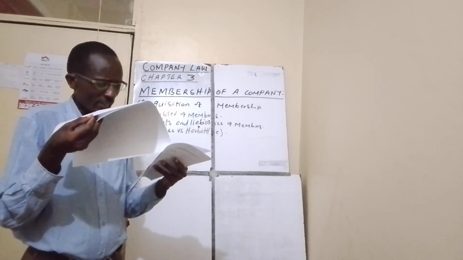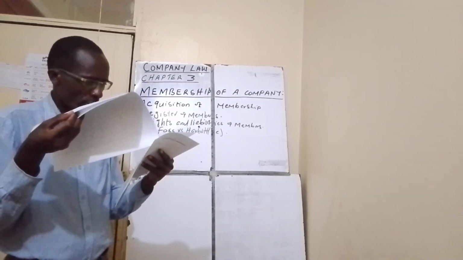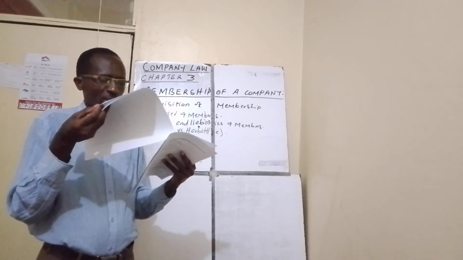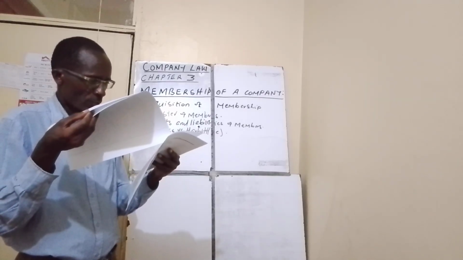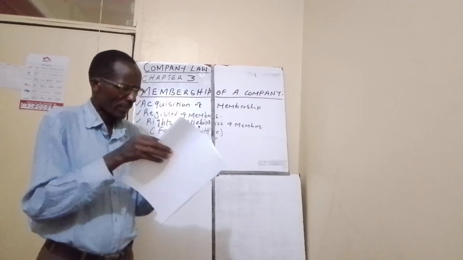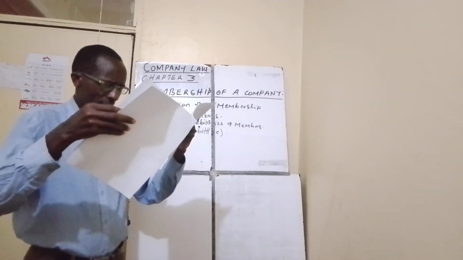The minority may instigate the winding up of the company on this ground in case of oppression or where they have justifiably lost confidence in the management of the company affairs. Now, those are important points as far as minority protection is concerned.